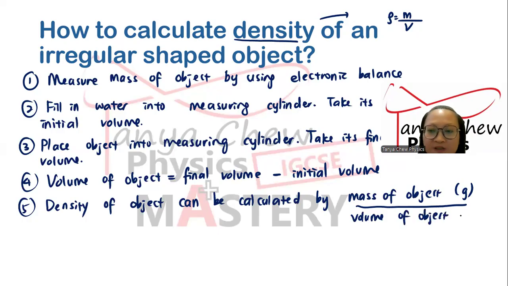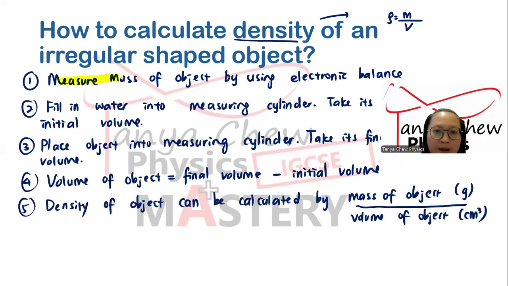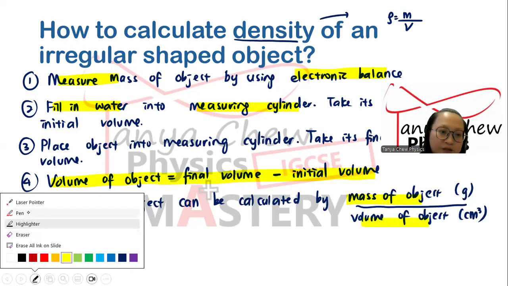Because mass measured by electronic balance is in gram. Put cm cube. Is that okay? So I'm going to highlight the keywords right now. Measure mass, electronic balance, we want to see that. Fill in water, measuring cylinder, initial volume, we want to see that. And then volume of the object, final volume minus initial volume. And density, mass per volume. These are all the things that we want to see.